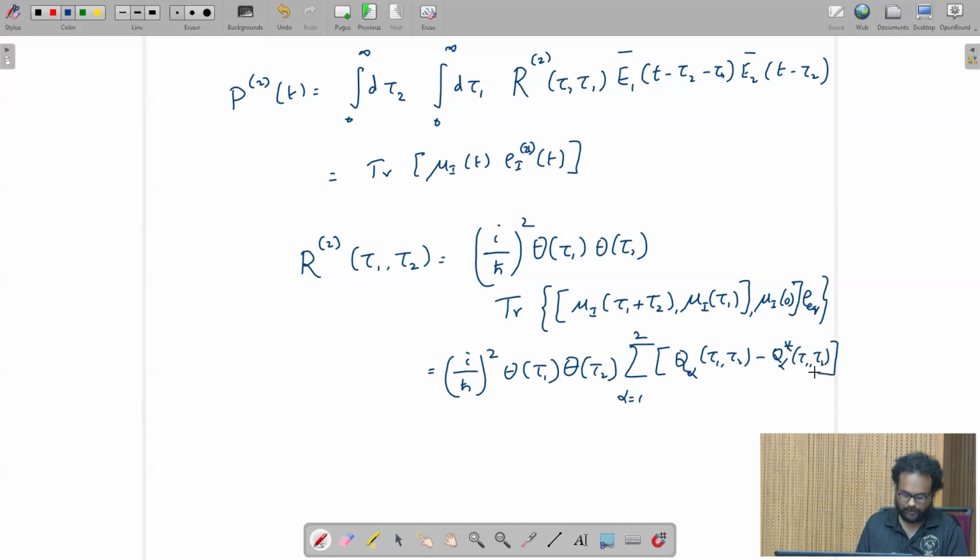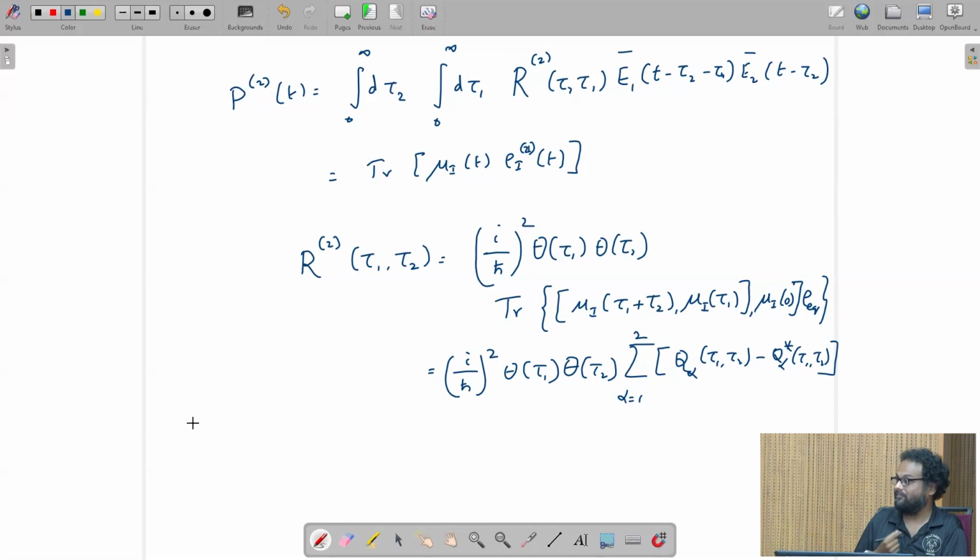Okay, so just response function. What are Q1 and Q2? Again, like the previous case, they are the trace of a sequence of dipole moment operators acting on the density matrix at the end of the day, right?